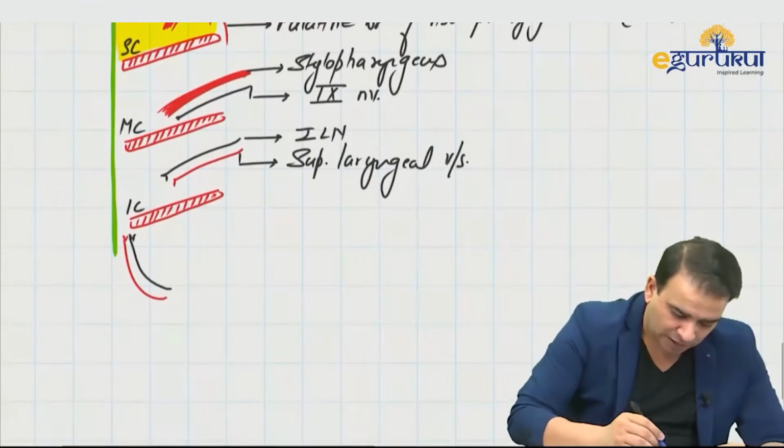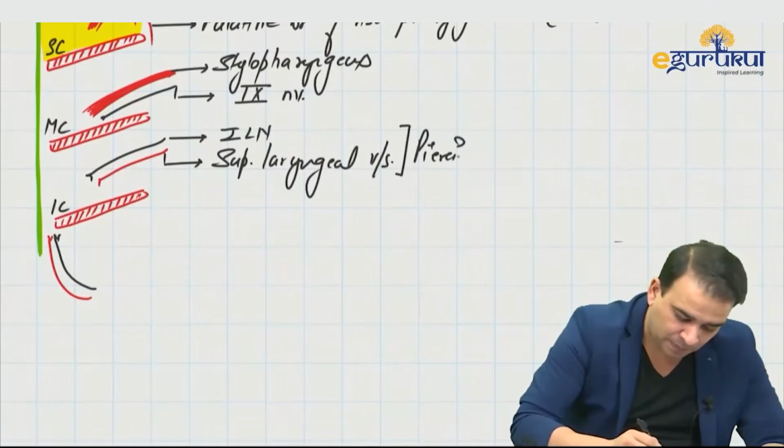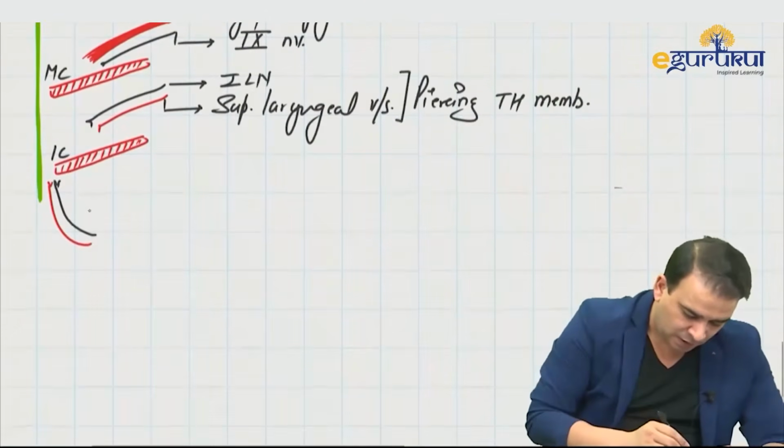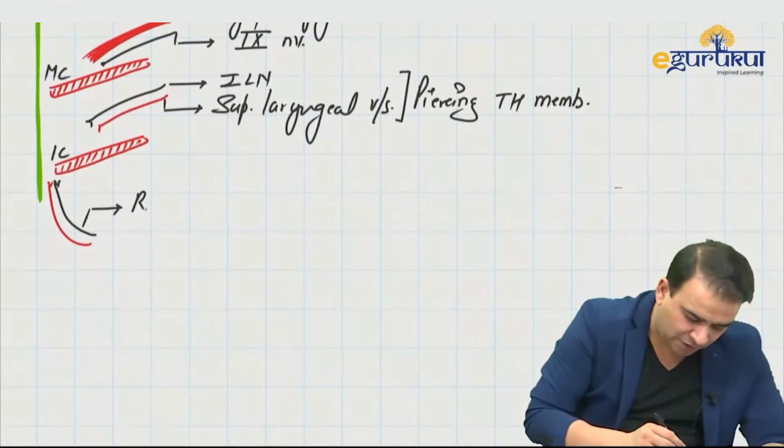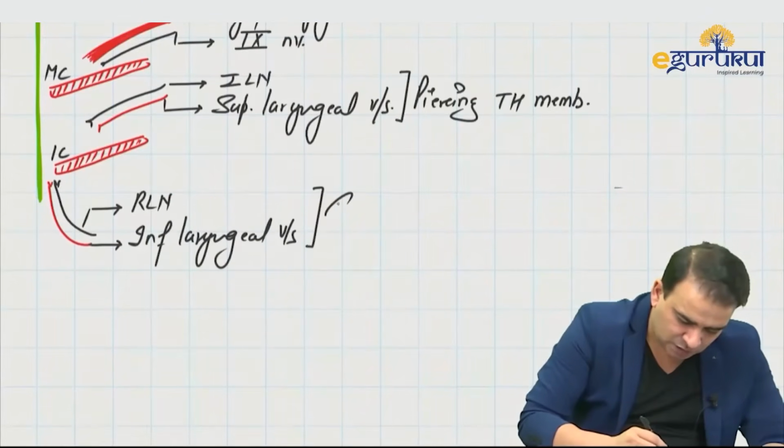Whereas below, and as I said, you better also remember them, these are the structures piercing thyroid membrane. Whereas below we have a recurrent laryngeal nerve to be seen with inferior laryngeal vessels, the structures which are present in the tracheoesophageal groove.